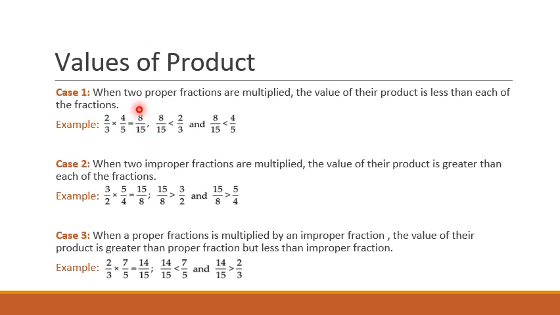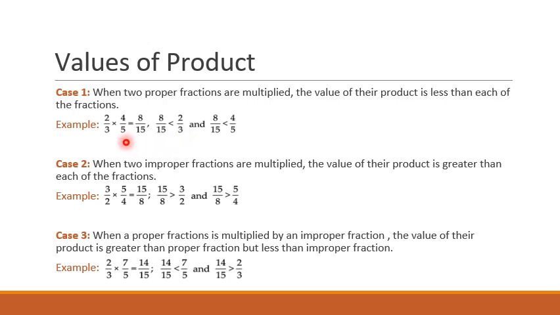Now if I compare 8 by 15 and 2 by 3, then to compare I have to make this an equivalent fraction with denominator 15. So this will become 10 by 15. So you can see 10 by 15 will be more than 8 by 15, or I can say 8 by 15 is less than 2 by 3.